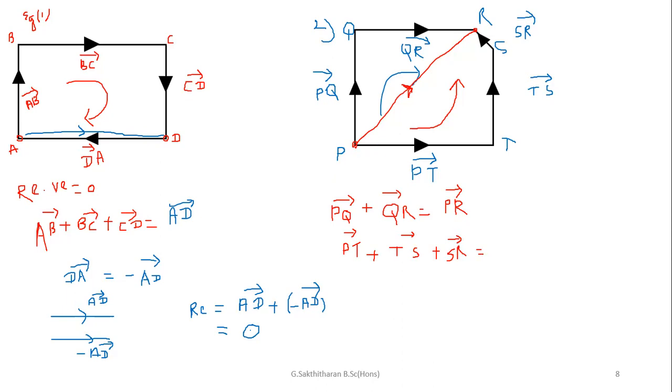So here these vectors also starting from point P and finished in point R. So PT, TS, SR, these three vectors also give the resultant vector in the same direction of PR. So now we have two resultant vectors here, PR and PR. So resultant vector is 2PR.